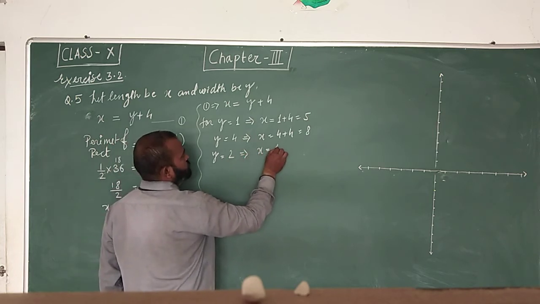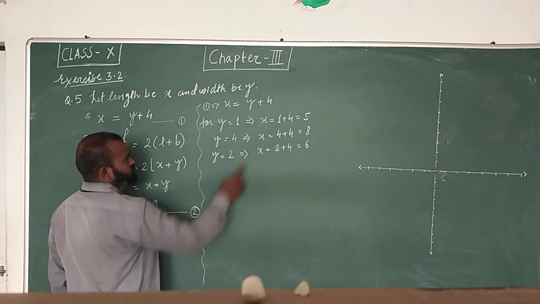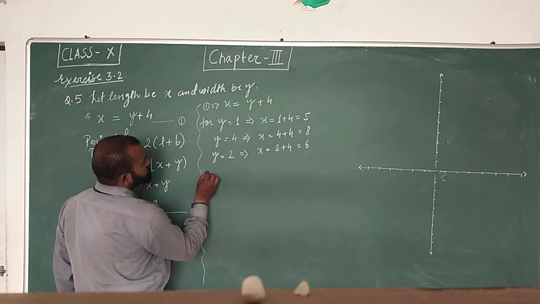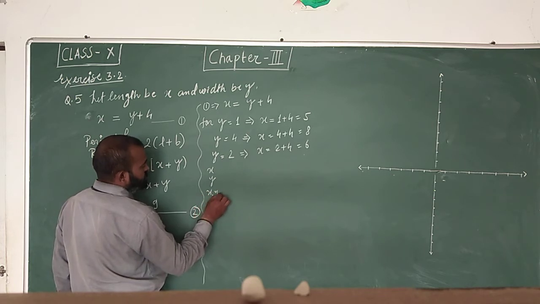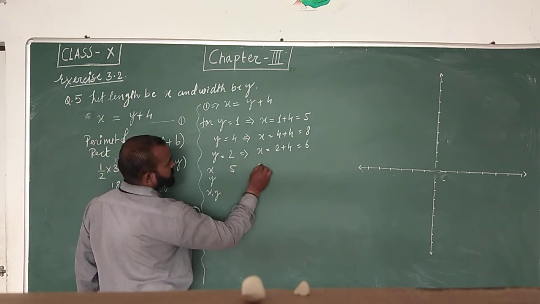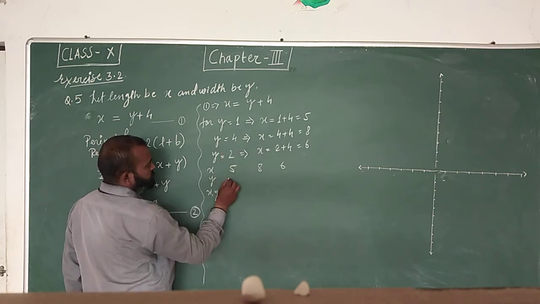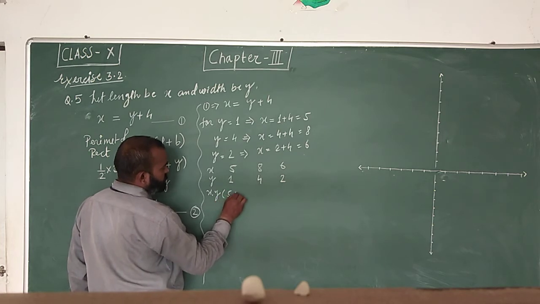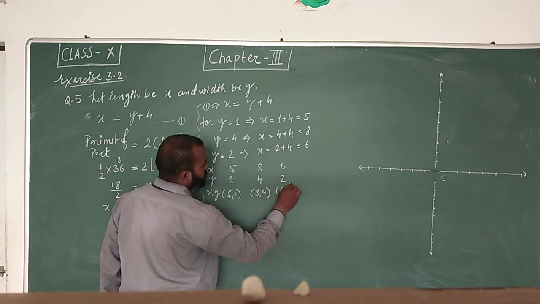X is equals to 2 plus 4, that is equals to 6. So this is one of the solutions. We have got our x as 5, 8, 6, and y as 1, 4, 2. So the points are 5, 1, 8, 4, 6, 2.